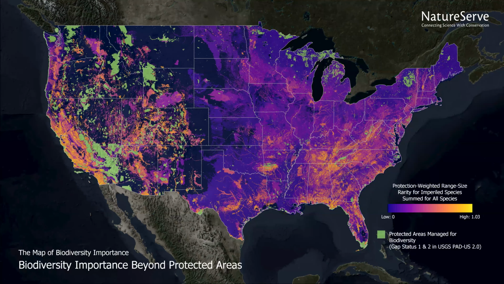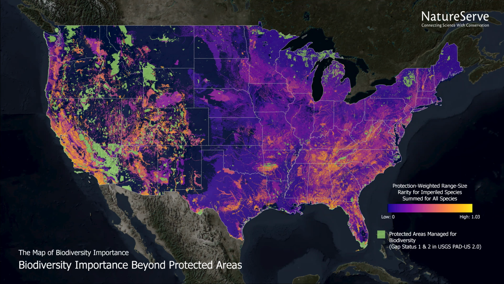Finally, this is a map for all species where we consider not only range size, but also the degree of protection that currently is in place across their range. So we define protected here using GAP status 1 and 2 from the current version of the US Protected Areas database.